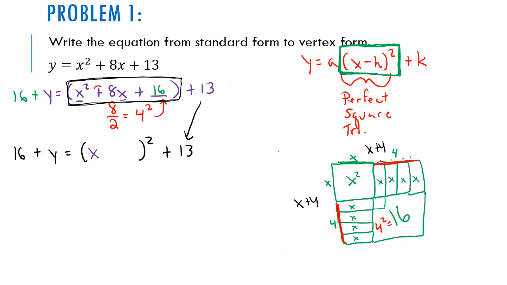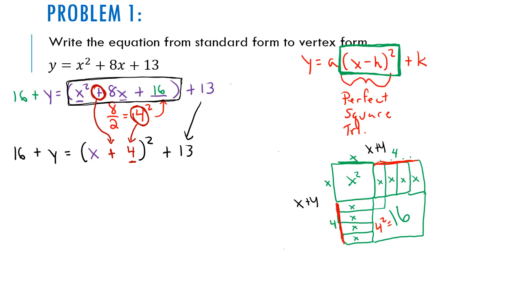Whatever sign is in front, the first sign you have in there, that's the sign that you put inside. And then 8 divided by 2 is 4. That number you get when you divide by 2 is the value that goes there, because this number 4 is coming from how many x's you have going in each direction of this box. So now we've essentially factored that perfect square trinomial.